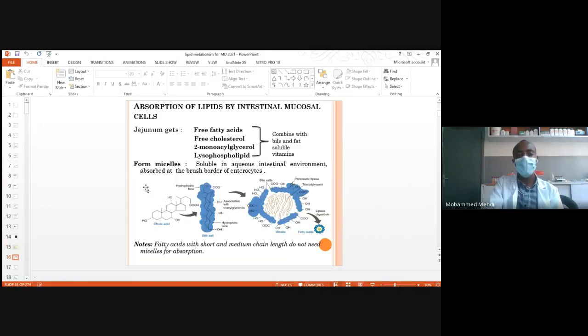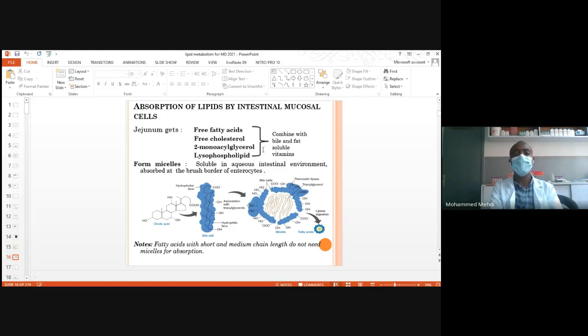Let's see the detailed mechanism of lipid absorption into the intestinal mucosal cell. At the second part of the small intestine, the jejunum, we have complete lipid digestion. Finally, we have the end products: free fatty acid from lipids, free cholesterol from cholesterol ester, 2 monoacylglycerol from triacylglycerol, and lysophospholipid from phospholipid.